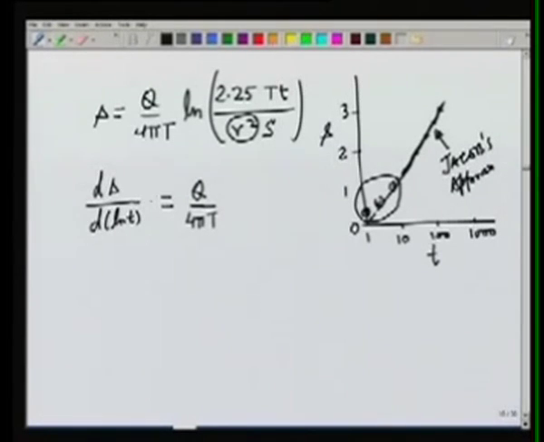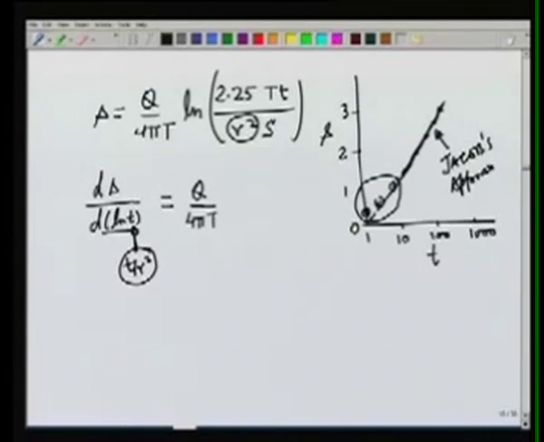Otherwise, instead of t, we have to use t over r squared. But for this analysis, let's assume that r is a constant. So we have a single observation well at which we are measuring the drawdown. If we assume that r is a constant, then we can use ln(t) and keep this r squared within the constant value here. So the slope of the drawdown versus log time curve will give us q over 4 pi T, and from that slope T is the only unknown. Once we find the slope, we can obtain the value of T.